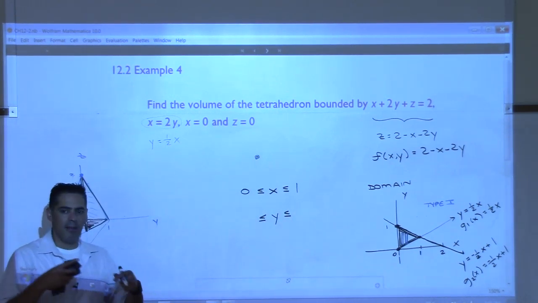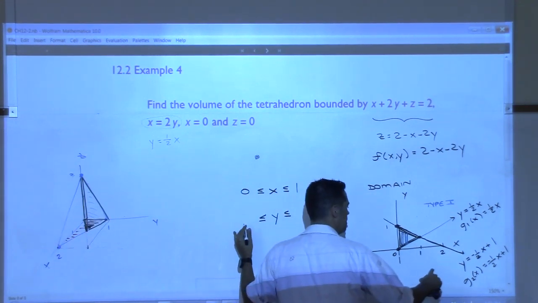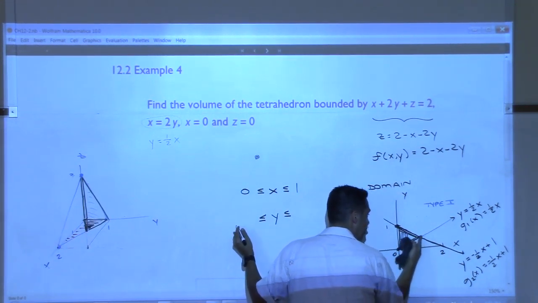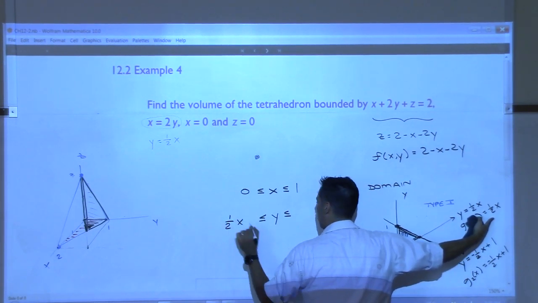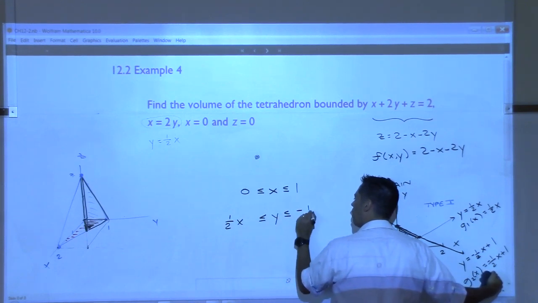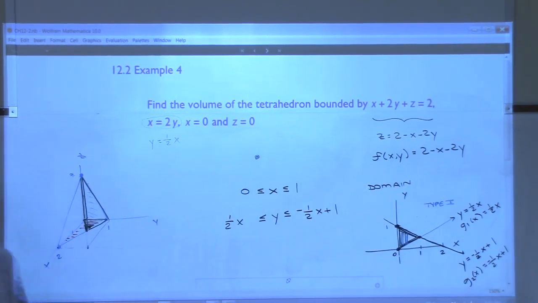So you'll get the correct numerical value, but it'll be off by a sign. So the lower one is this one, which is 1/2 x. And the upper one is this one, negative 1/2 x plus 1. So the last thing to do is set up the double integral.